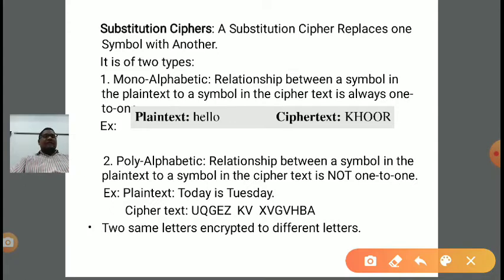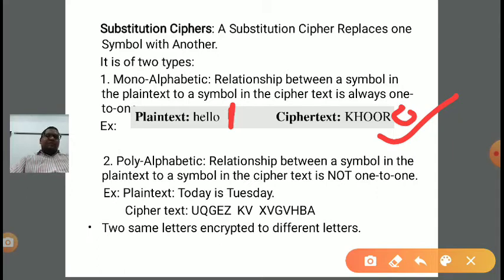The first L is replaced with capital O, similarly the second L is also replaced with capital O, and the last small o is replaced with R. Suppose at the sixth position L appears again, then in the ciphertext it will be replaced with O.